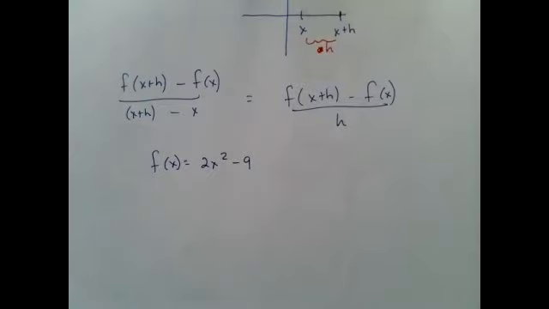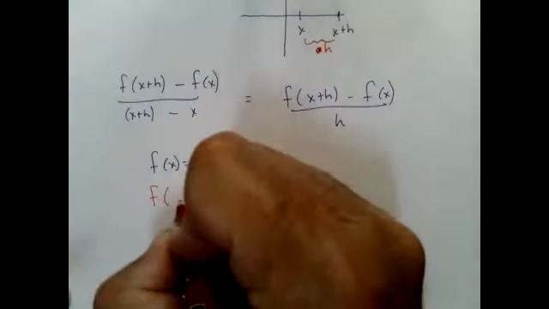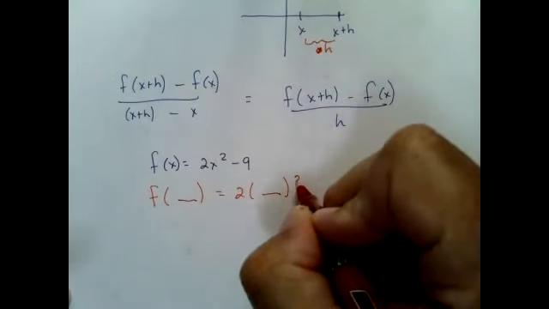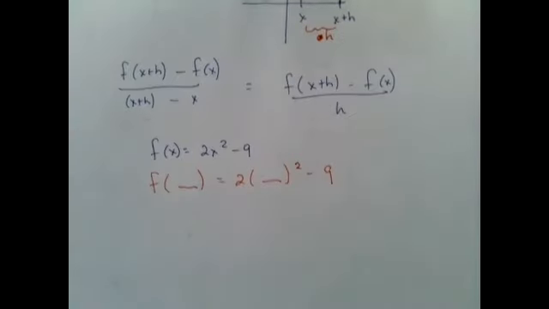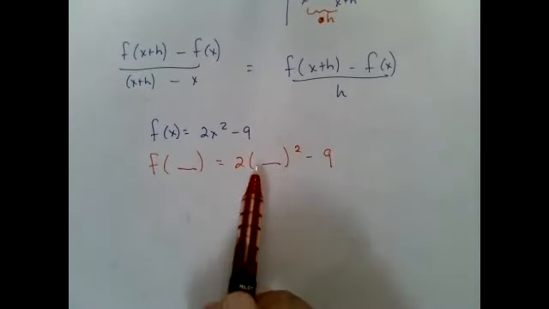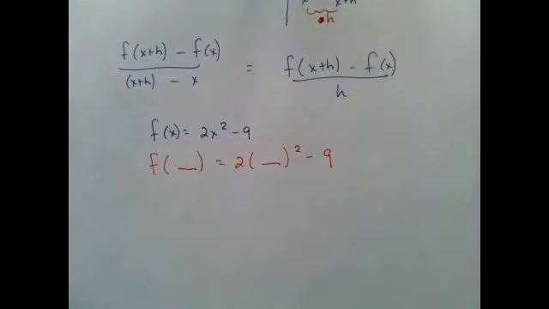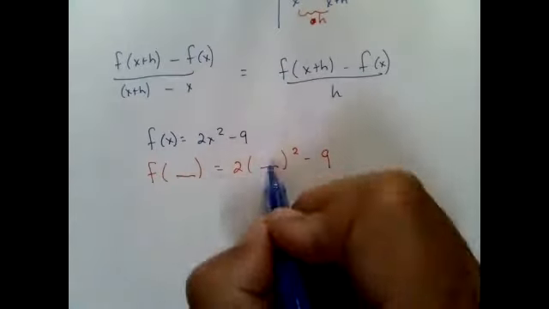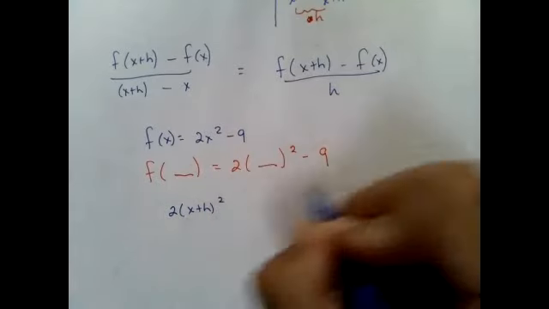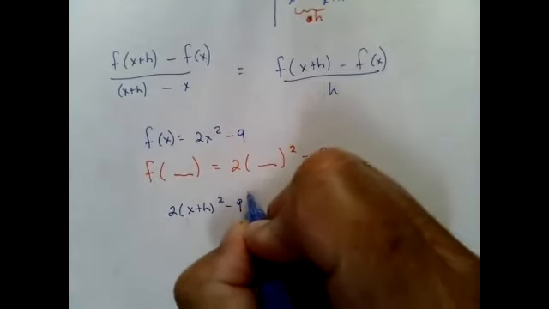And the quickest way we got this was, we said, let's make this f of b equals 2 times b squared minus 9. So that when I put in X plus H here, I put it in there: 2 times X plus H squared minus 9.